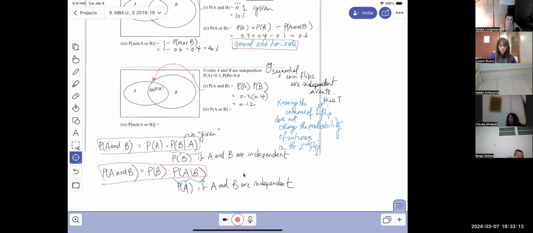These are the formulas. The probability of A and B should be the probability of A times the probability of B given A. This becomes this if A and B are independent. That's a concept. And the fact that I give you this one is also new.